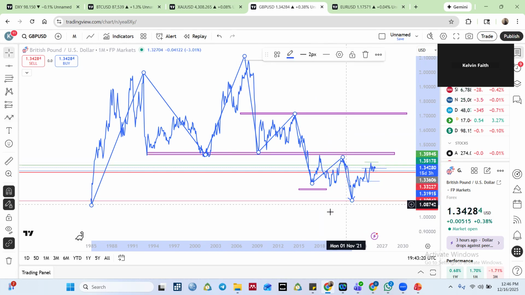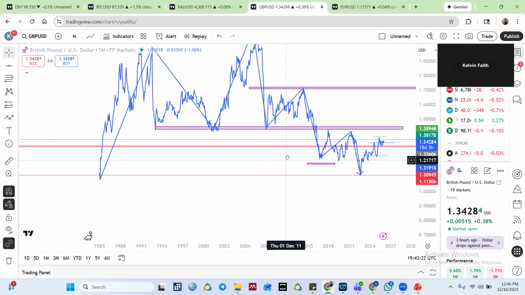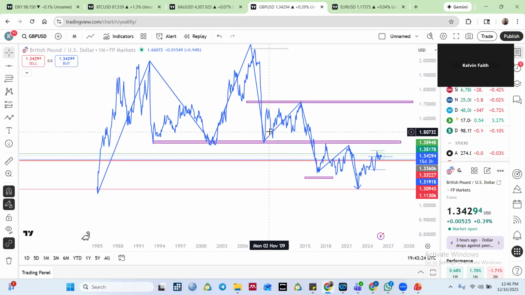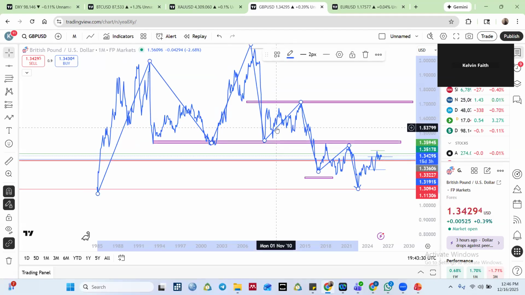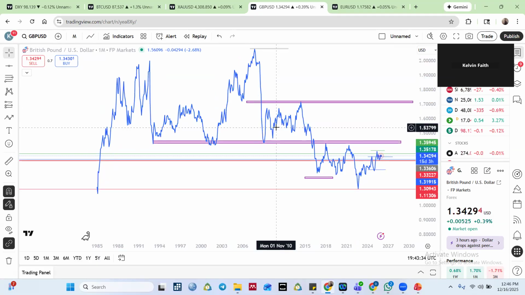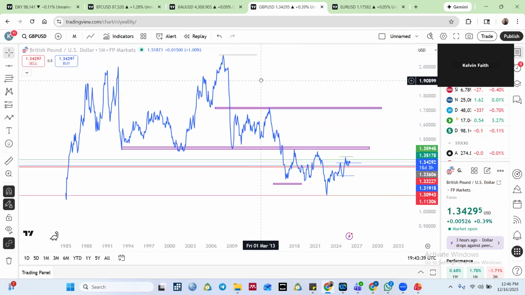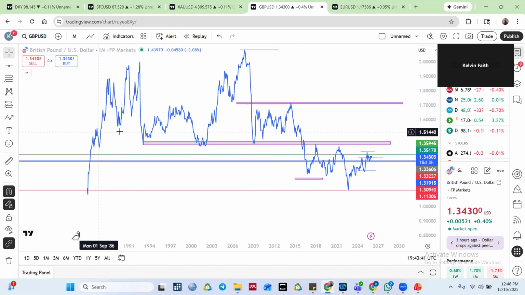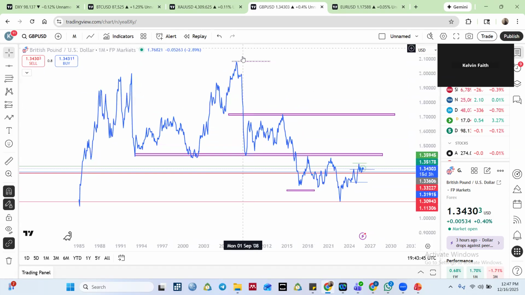Do you get it? What I can see with the pair is that it is consistently nullifying or going against the information that it is giving to us. It tells us it wants to go bearish here, then it defiles it, and then it gives a bullish indication.